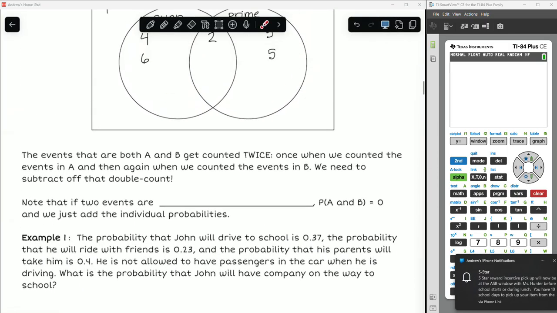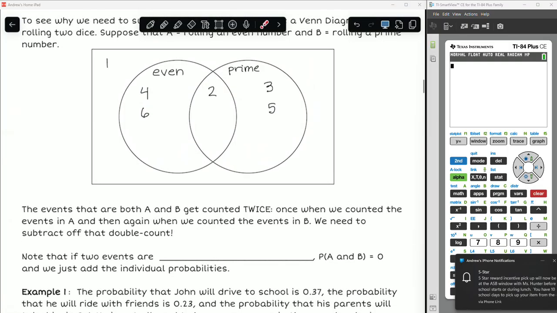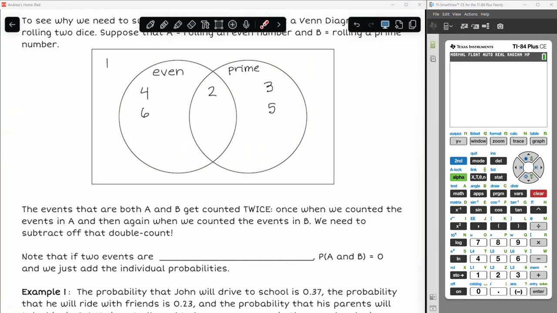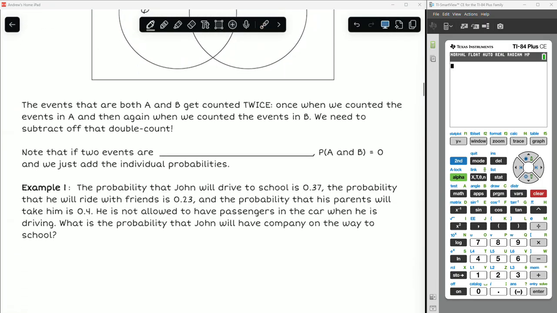If events are mutually exclusive, meaning in a Venn diagram the circles don't touch, there are no events in common. I don't have to worry about subtracting the overlap. So if A and B are mutually exclusive, P(A and B) is 0, and we're just adding.